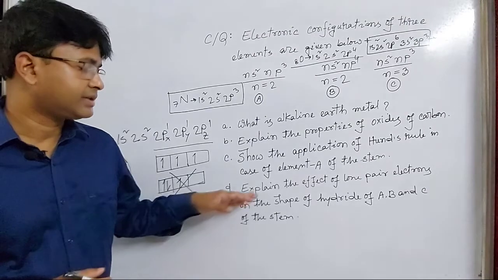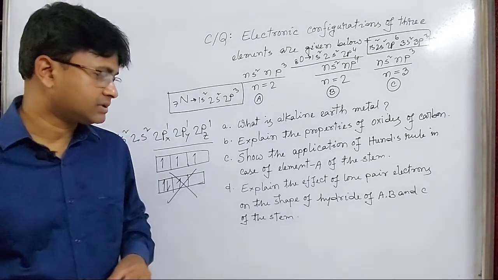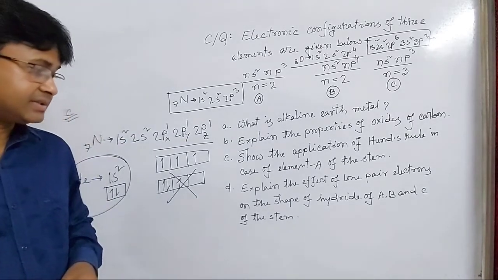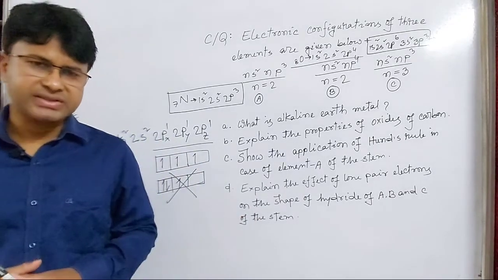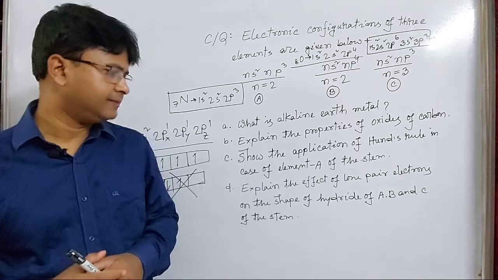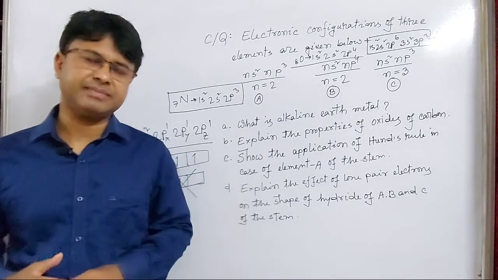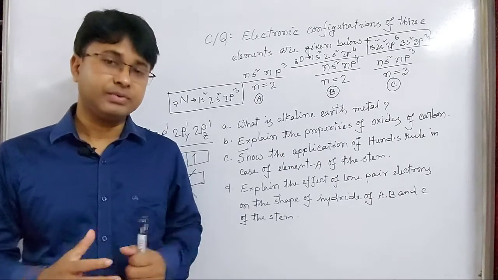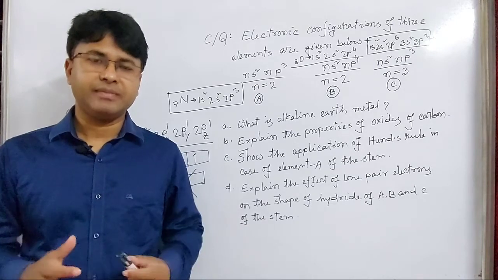Students, now the question D. Explain the effect of lone pair electrons on the shape of hydrides of A, B and C. Students, when it is asked in the question about the molecular shape or ionic shape, I mean geometrical shape of any ion or molecule, you have to explain this type of question by hybridization.